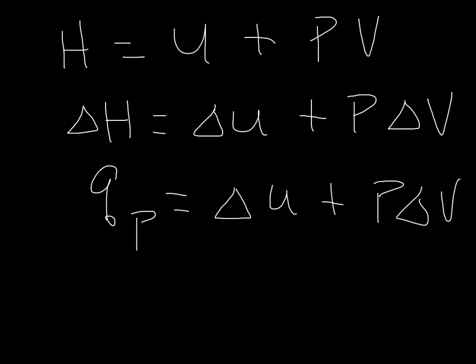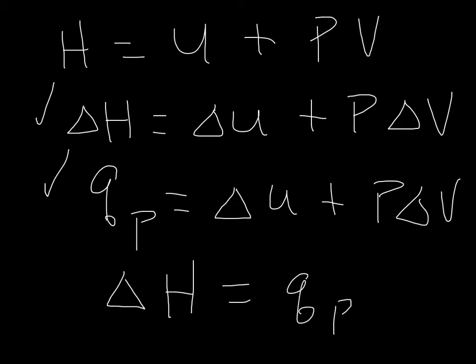Look, my friends, these two equations look very, very similar. In fact, they look pretty much the same. Therefore, this thing called enthalpy, delta H, is equal to Q sub P. This enthalpy change is equal to the amount of heat released or absorbed by a system under constant pressure conditions.